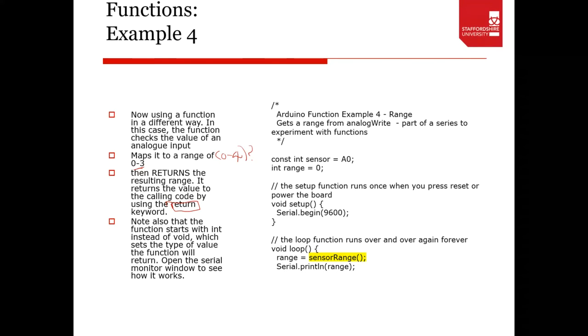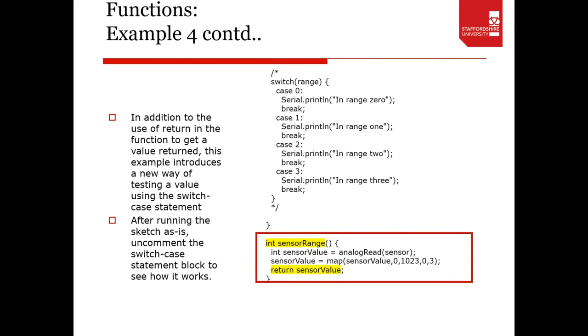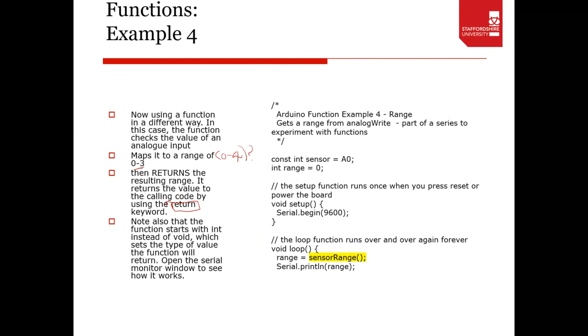So note that the function starts with int instead of void. So now we have, where's the void setup here? Is it on the next page? Yeah, it's on the next page. Okay. So also the function starts with int instead of void, which sets the type of value the function will return.